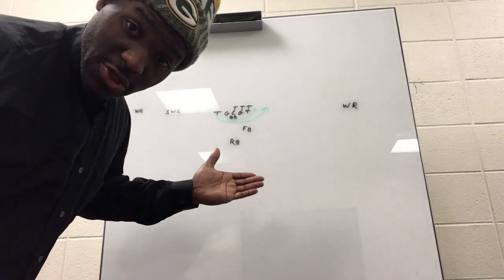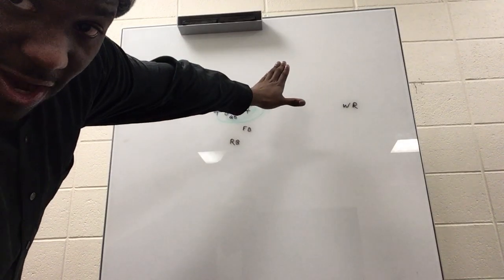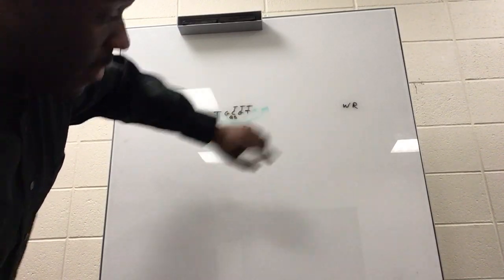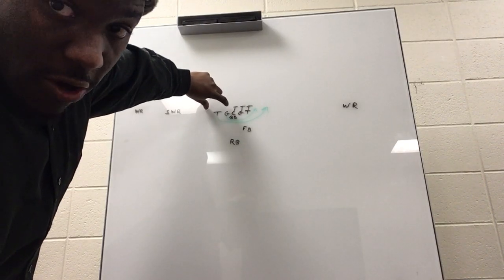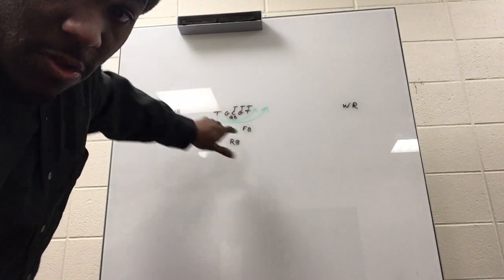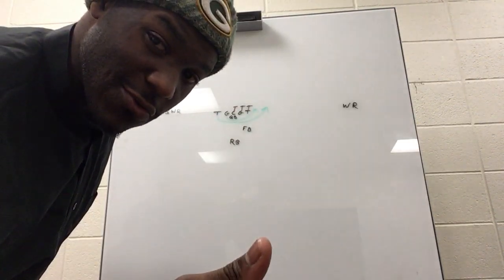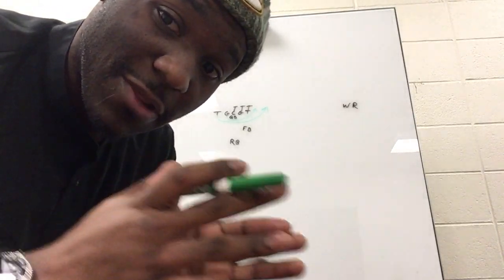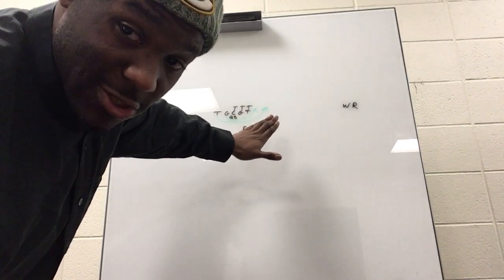So, as I just showed, the play is essentially going toward the right. So, the left side tackle and guard, the play isn't going in their direction. So, you pull them. And what that'll do is give extra blockers on the side that the play is actually going towards.